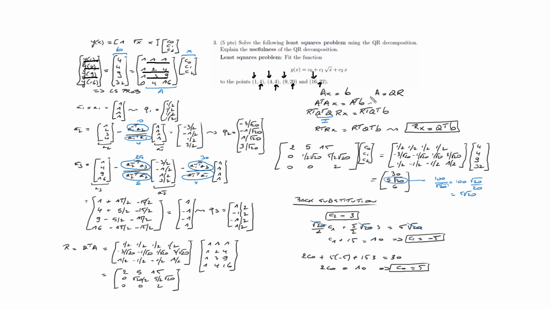You can then also use the transpose of this one. Remember that (QR) transpose is R transpose Q transpose, times then A is QR, and then you have an identity matrix over here. So you can rewrite it as follows, right?